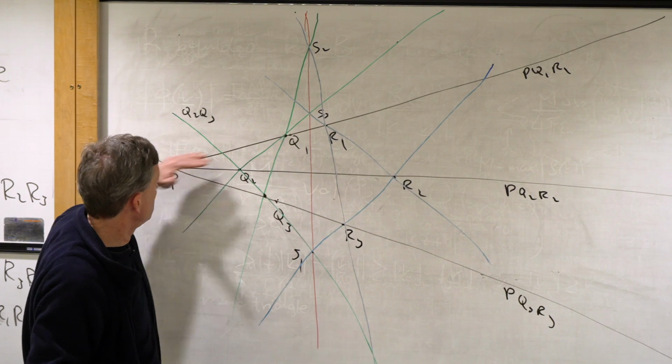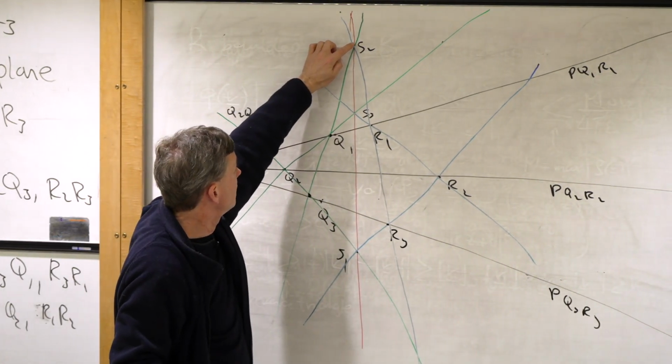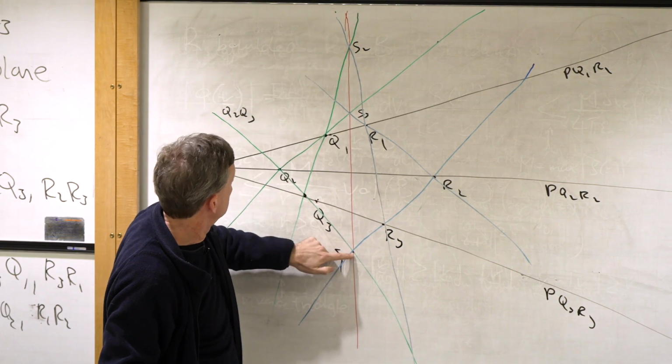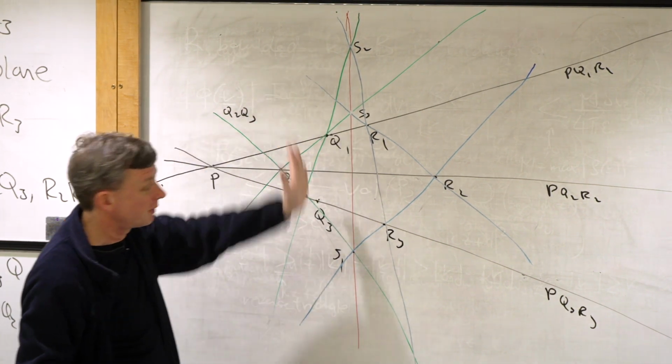And the claim is that when you draw all those lines, they end up determining 3 points S1, S2 and S3, and those 3 points should be on this red line.